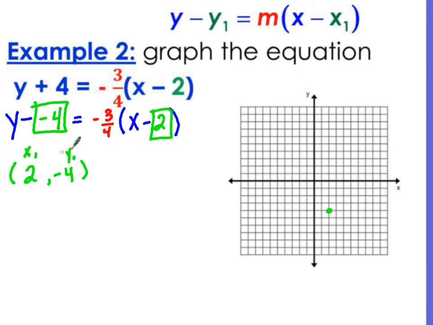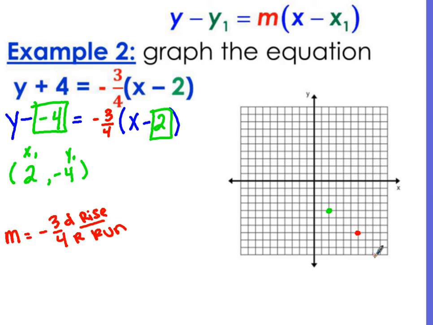Then from there, I'm going to move my slope. m equals negative 3/4. This is my rise over run. And again, it's negative. So instead of going up 3, I'm going to go down 3. And I'm going to run to the right 4. So from there, you're going to go down 1, 2, 3. Right 1, 2, 3, 4. Plot your point. Down 1, 2, 3.